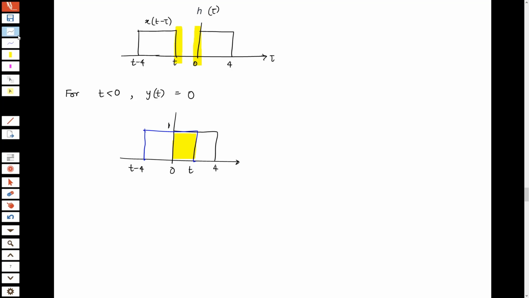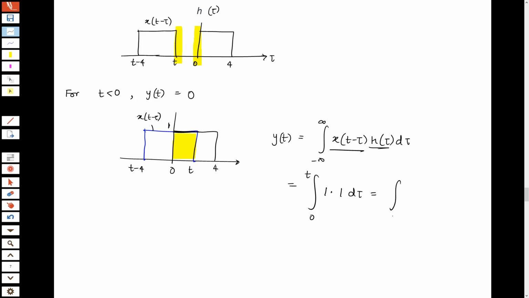So if we were to write the convolution y(t), it means the integral from minus infinity to infinity of x(t minus tau) h(tau) d tau. Now the limits would be simply 0 to t. What is x(t minus tau)? This one. What is its value? 1. What is h(tau) in this region? 1. So this means the integral from 0 to t of d tau, plug in the value, it is just t.